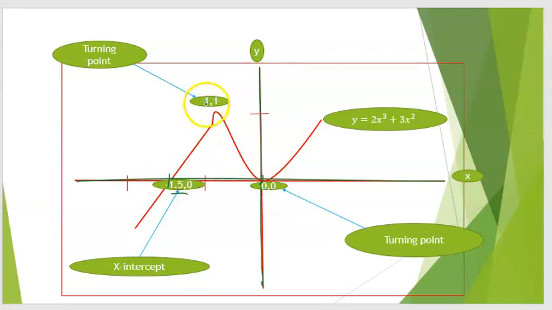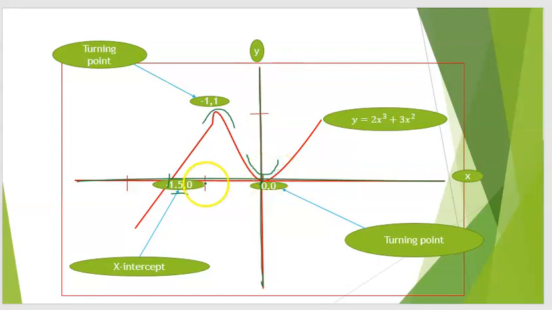And then the next ones are the turning points. The first turning point was -1, 1, which was a maximum this way. And the other turning point was 0, 0, which was a minimum that way.